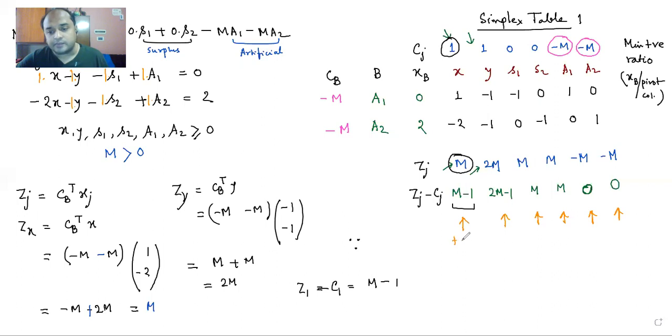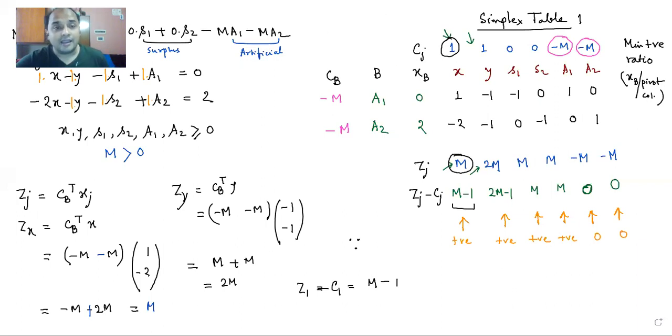So therefore this is positive, positive, 0, 0. And I told you in my last class that if zj minus cj contains all non-negative values, you have reached your optimal solution.